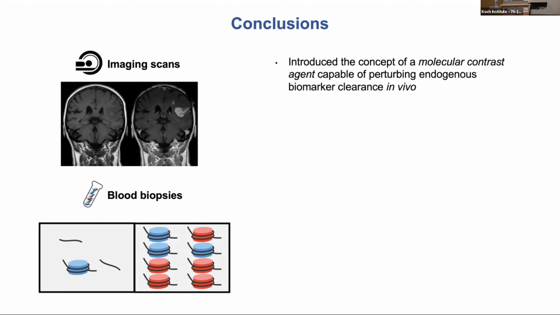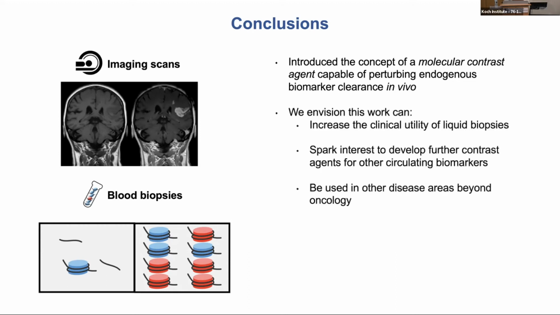We envision that these approaches could help overcome the sensitivity issues that are limiting the liquid biopsy field currently. And we envision that this work could really increase the clinical utility of liquid biopsies, perhaps spark interest to further develop contrast agents for other circulating biomarkers, and be used in other disease areas beyond oncology as well.